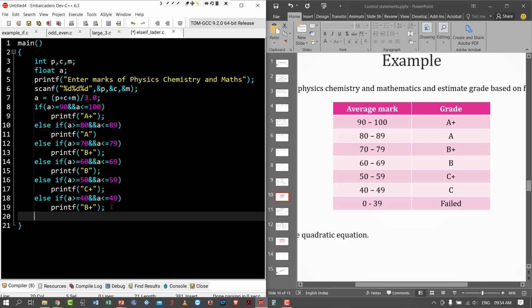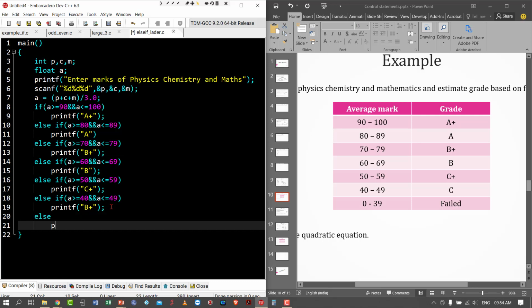So you can write else and printf failed. That one is also correct. But if someone enters a value greater than 100, there also it will print failed if you give else.